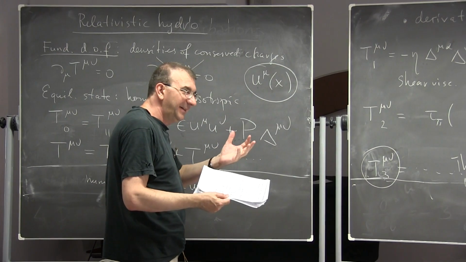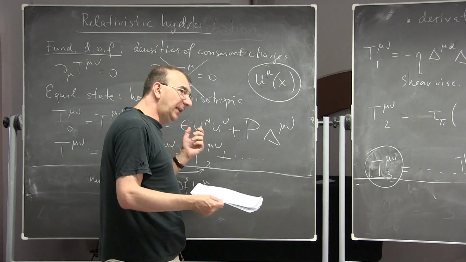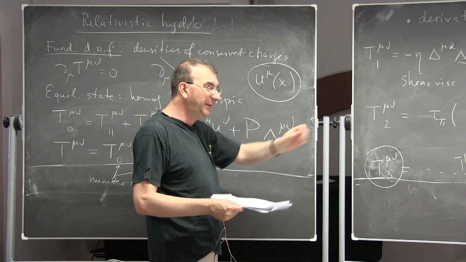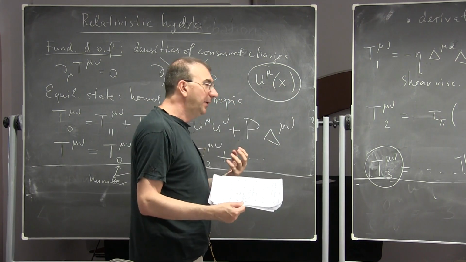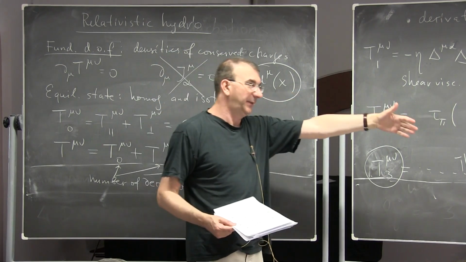It's some scalar which in principle depends on x and t. So with this scalar, you can do the same thing. You can expand it in gradients, in derivatives. The zeroth order term will, of course, coincide with the equilibrium energy density, and then there will be some corrections to that. Okay.